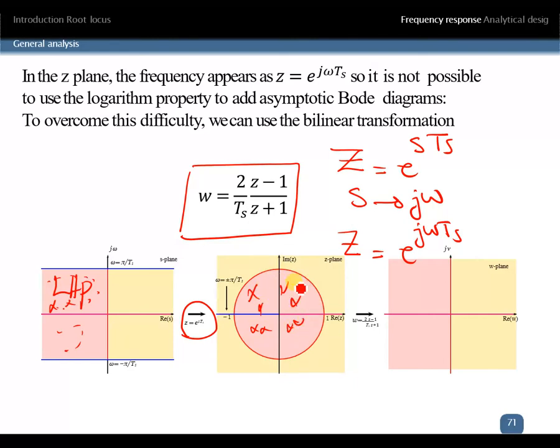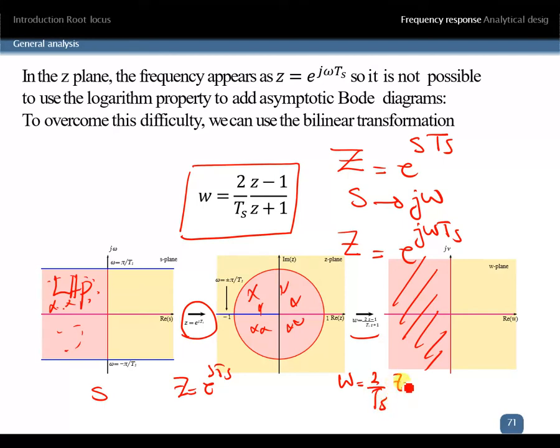And inside the circle, again by w = 2/Ts (z-1)/(z+1), they go to the S-plane. That means from the S-plane, by e^{sTs}, I go to the Z-plane, and from the Z-plane by w equal to 2/Ts (z-1)/(z+1), I go to the w-plane or S-plane.